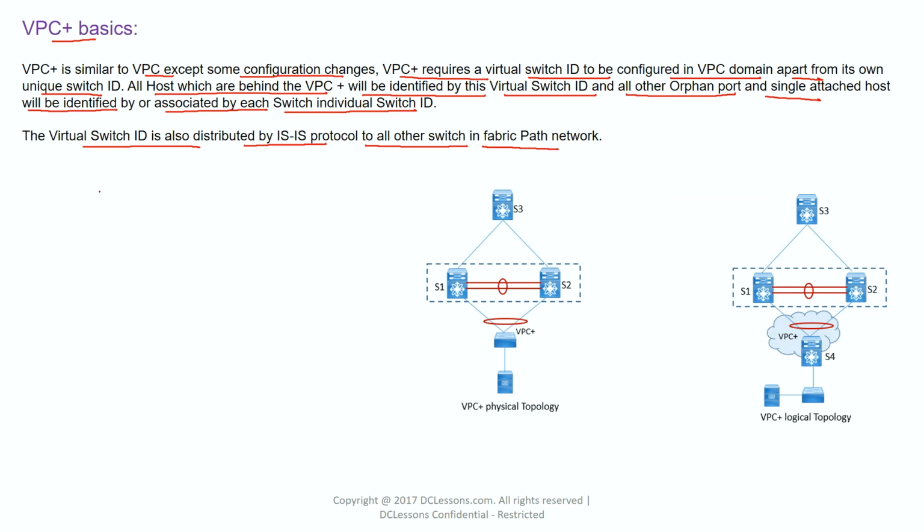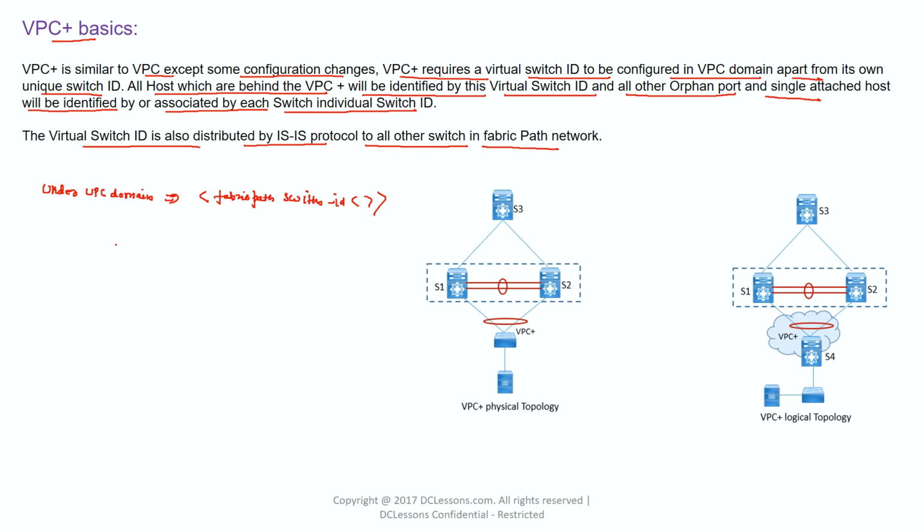If you want to configure the VPC+ switch ID, under the VPC domain we have to configure a FabricPath switch ID like this: fabricpath switch-id.